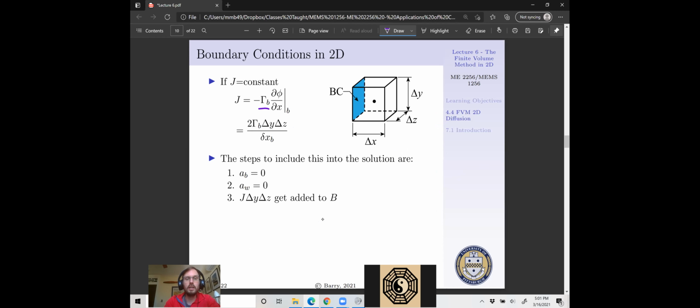And we know this has to be equal to 2 phi b delta y delta z per delta x b, because that's just conservation of heat within that situation. So in that particular situation, you can just reevaluate this as we've done in the past. I think that was lecture 4. Yeah, let me pull that up.